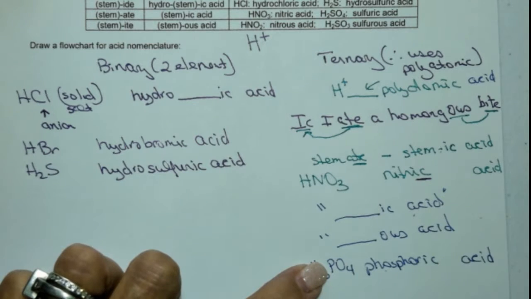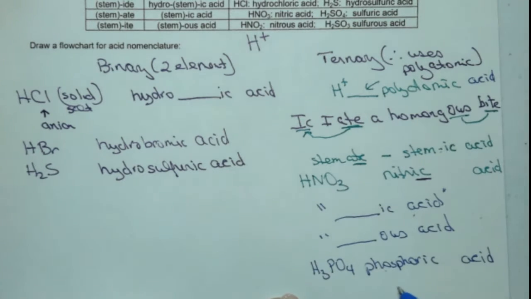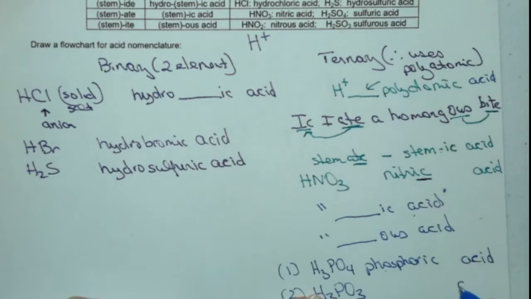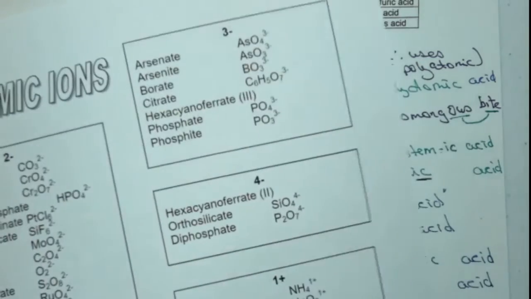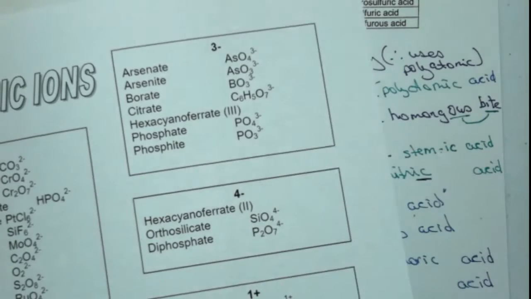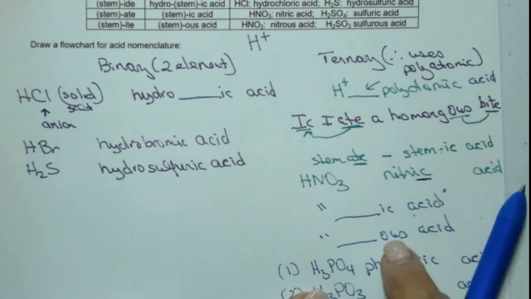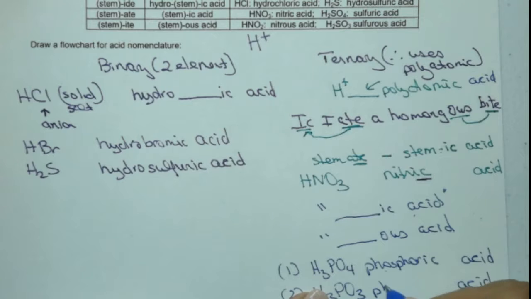They put an OR in there to make it sound better. Another example, H3PO3. I see the word acid for the H. I have a polyatomic. I look it up on my chart. When I look at PO3, I see this is phosphite. So phosphite goes to "ous," so this is phosphorous acid.